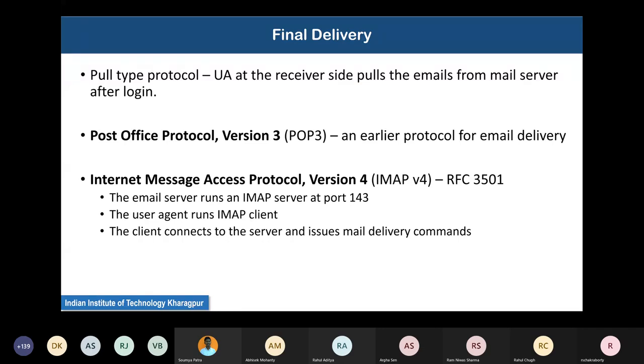The peculiar feature of POP is that when it retrieves the email from the mail server at the receiver, it physically deletes the mail from that server. So it gets the email onto your computer, no doubt, but it will immediately delete that mail from that server. I think this behavior can be stopped, but this is the default behavior. Some settings can be done to stop this, but the default behavior is it will delete.